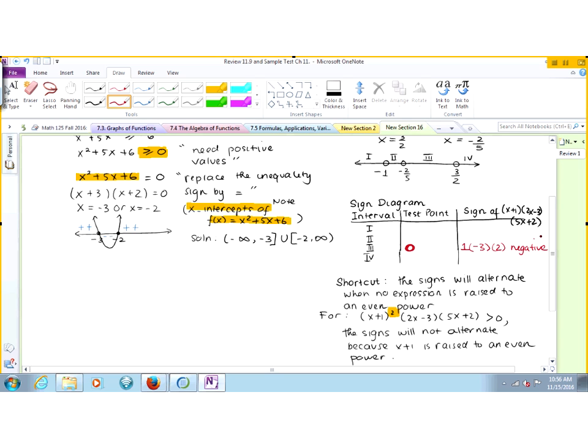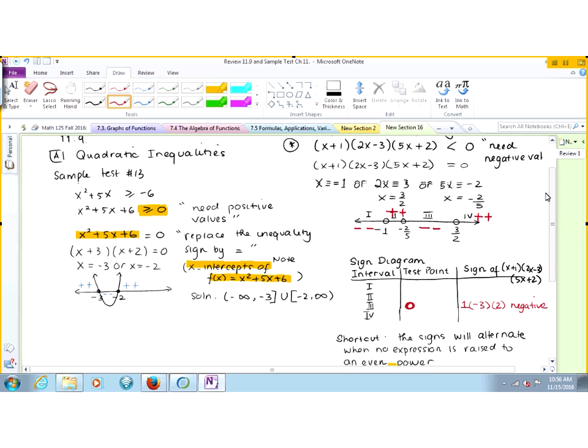I don't even care about the value. I just want to know the sign. So when interval 3 is negative, then I'm going to say this is negative. What about interval 2? Positive. What about interval 1? Negative. What about interval 4? Positive. That's it. I was using my shortcut.